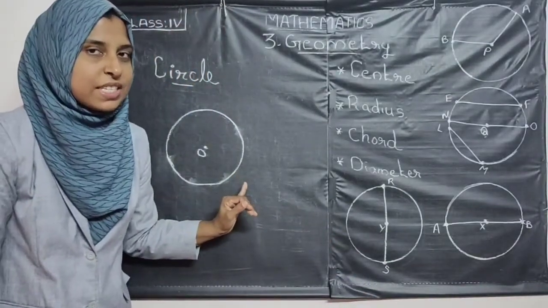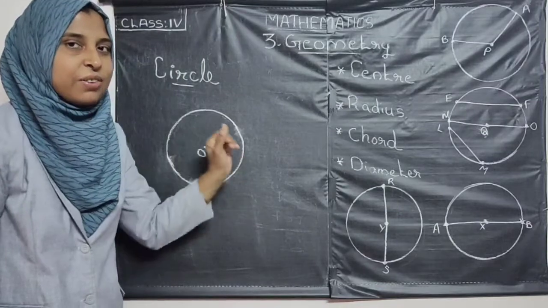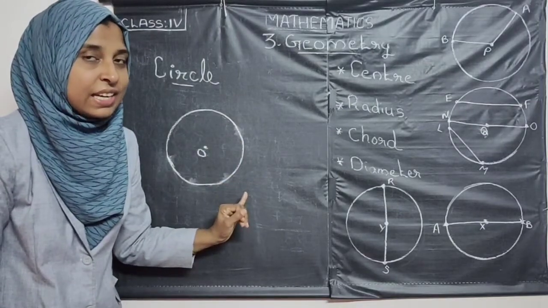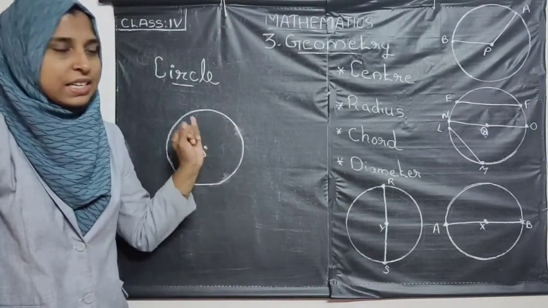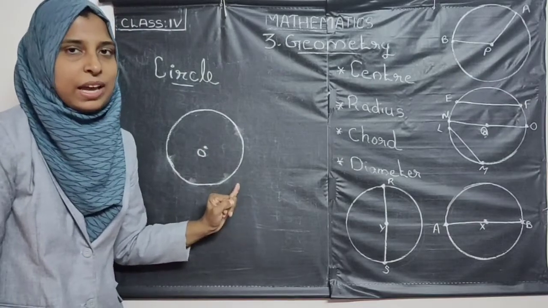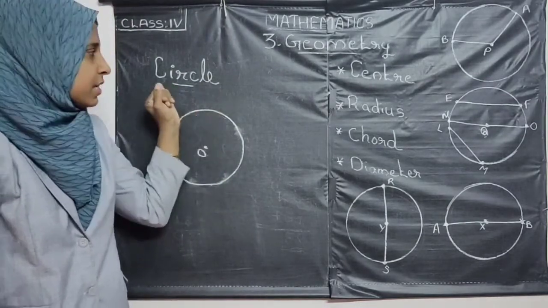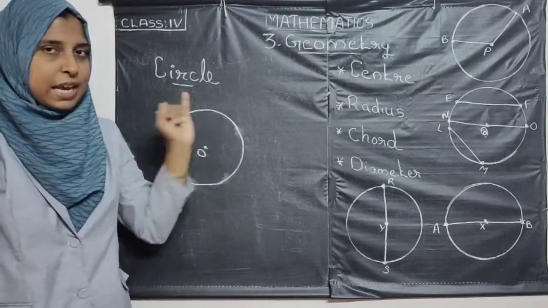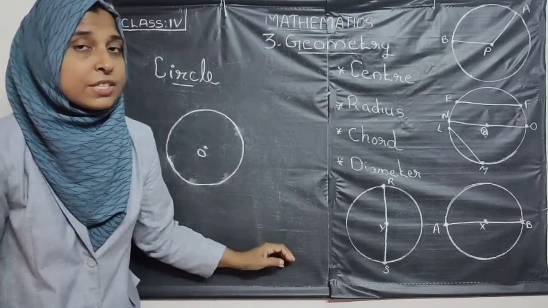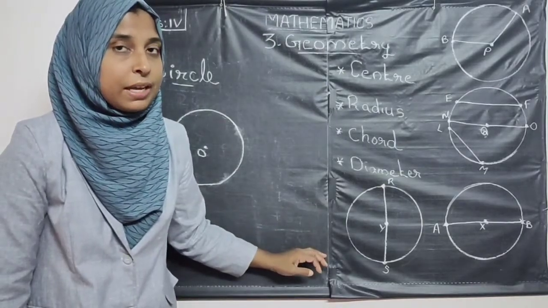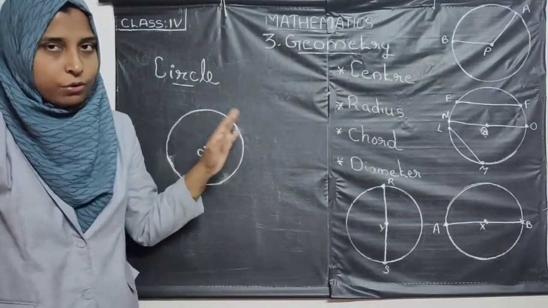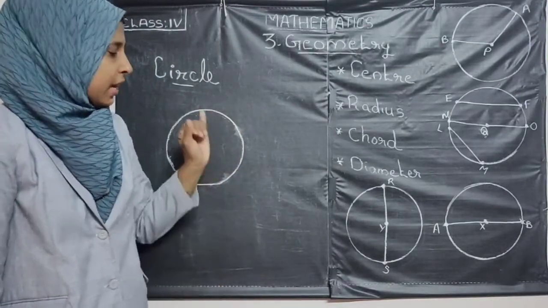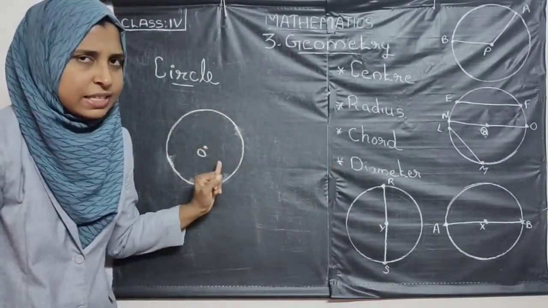Okay, children. Next, all of you look here. Which shape is this? This is round in shape, and we can say it is a circle. I have already written here, circle, C-I-R-C-L-E. And what are the specialities of a circle? It is round in shape. Does a circle have any vertex?